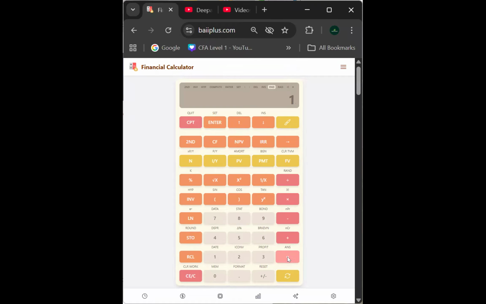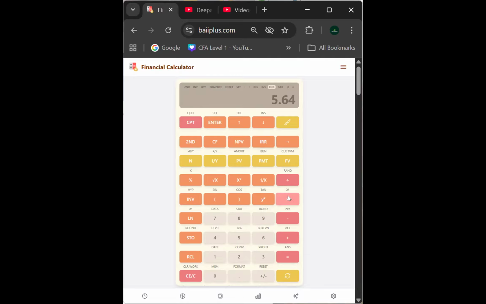I'm going to subtract 1, multiplied with 100. Multiply this with 0.1124 to the power of minus 1 into 200. This is going to give me 5.64.